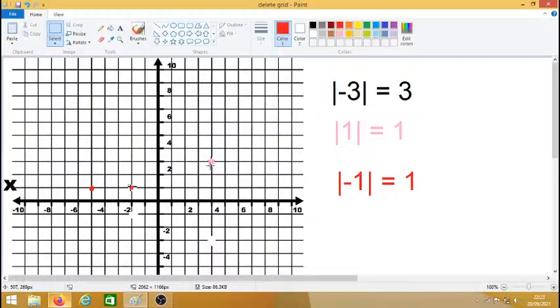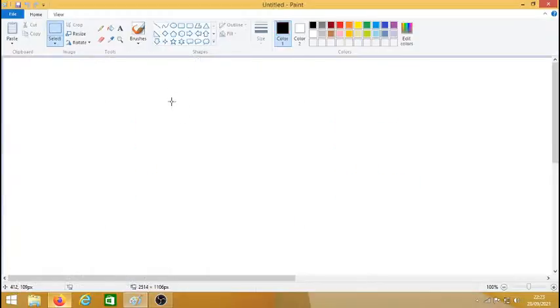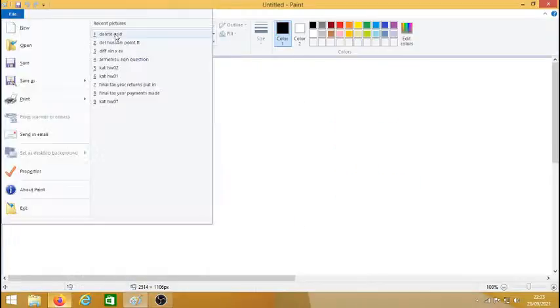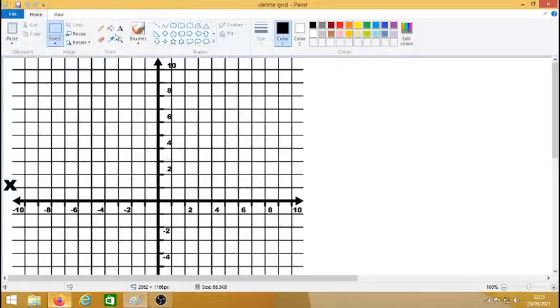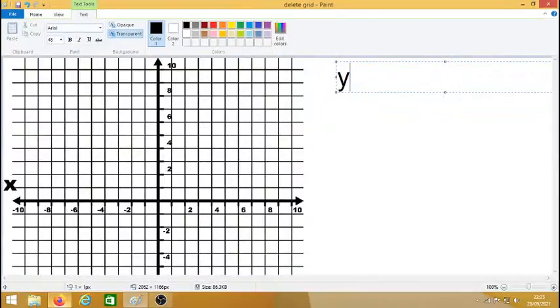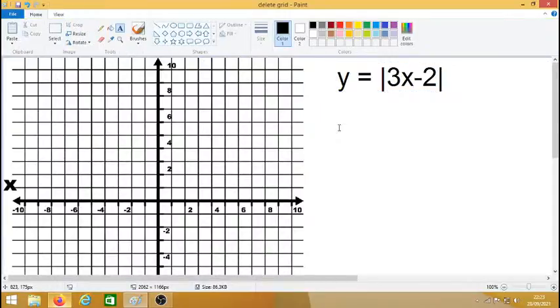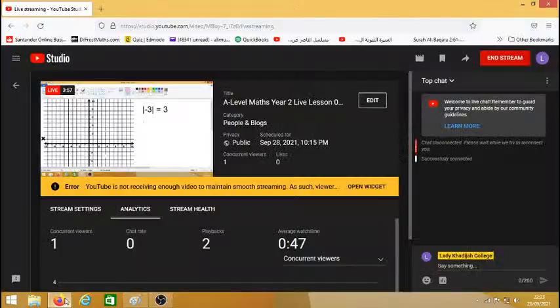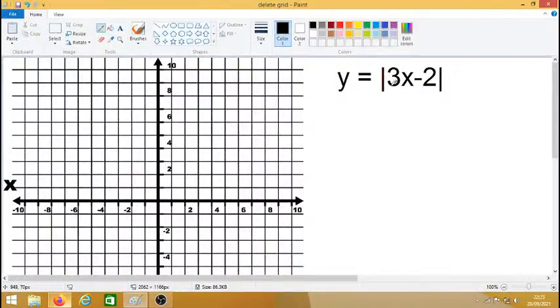And now we want to apply that and show how you can draw a graph of a modulus function. So we're working through the Pearson book at Edexcel A-Level Maths Year 2. And the question is in example 3, sketch the graph of y equals the modulus of 3x minus 2. You should be comfortable from GCSE plotting the graph of y equals 3x minus 2 if it was without the modulus.